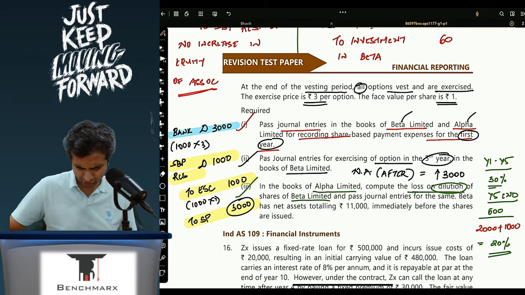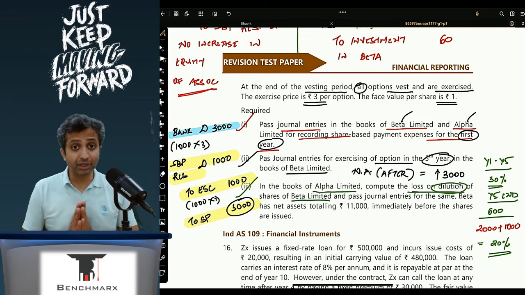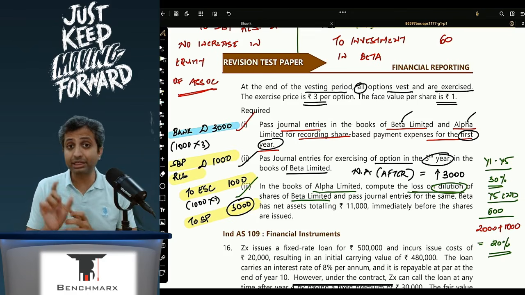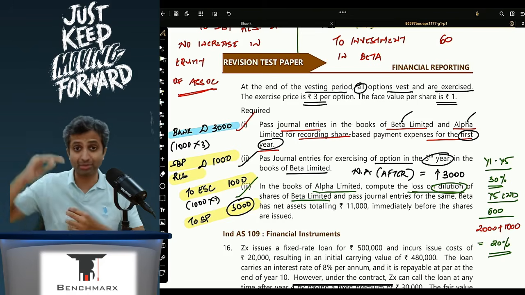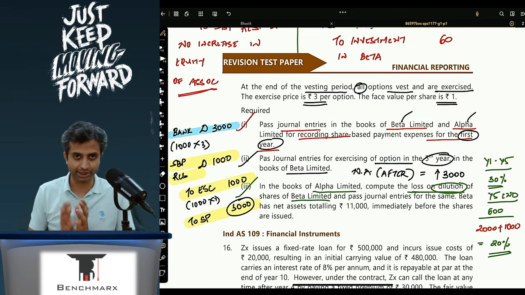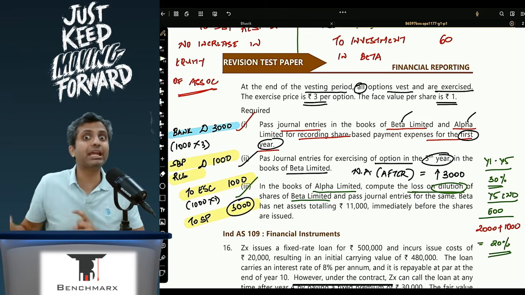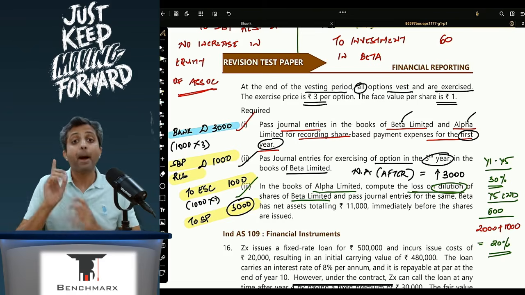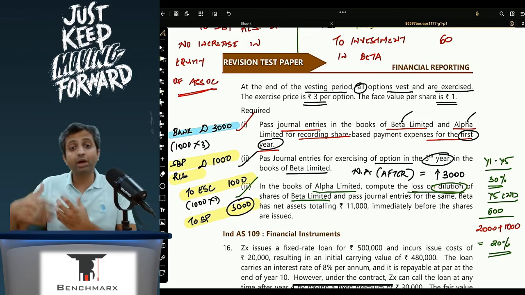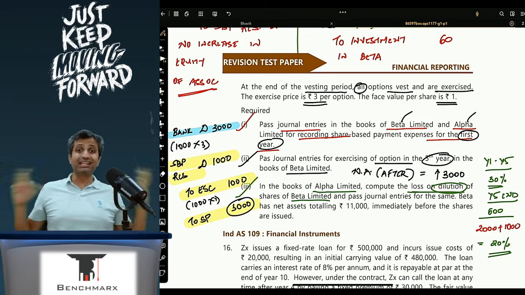Now 20% is just about giving me a significant influence. However, that results in a dilution of 10%. So my 30% stake which was there is getting diluted to 20%. However, post this transaction my stake gets diluted by 10%, agreed, but my net worth, net assets or equity of beta also increases by 3000.